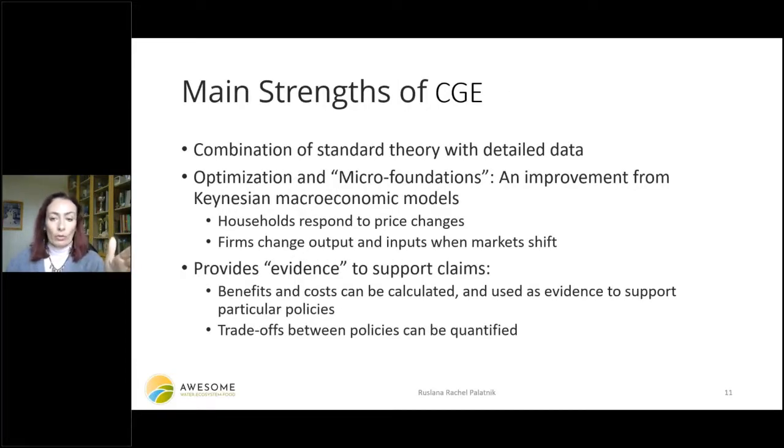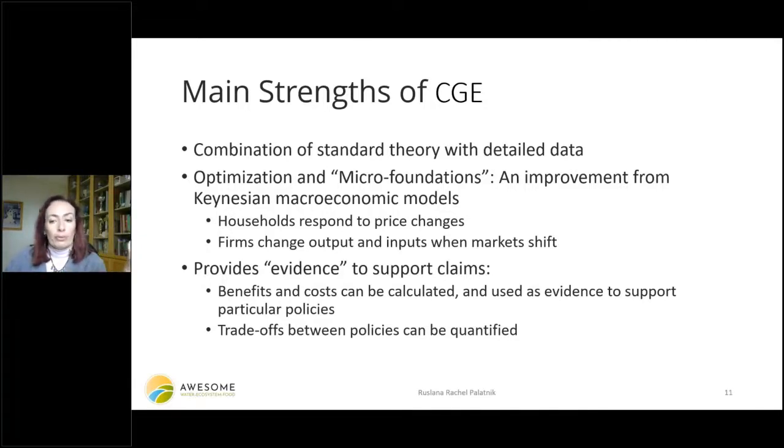So the main strength of the CGE is a combination of standard theory and very detailed data. I will elaborate on both of these issues. The optimization and micro foundations are at the basis of the model. We are starting from an improvement on the Keynesian macroeconomic models, where households respond to changes in prices, and firms change their outputs and inputs when markets shift.